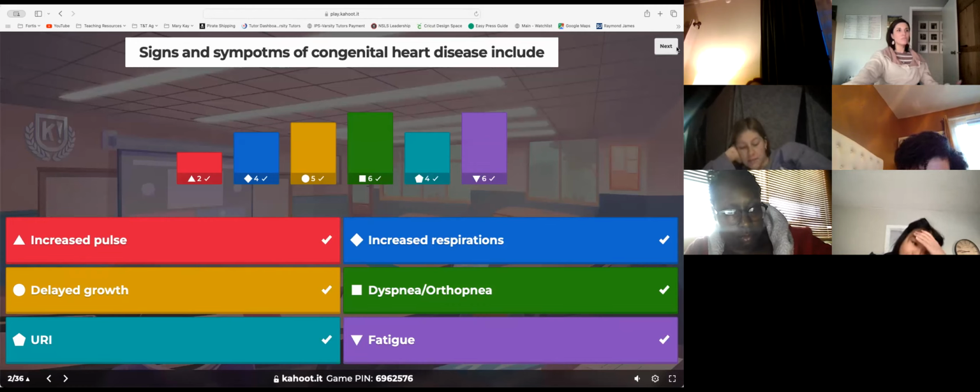They're going to be at increased risk of upper respiratory infections, have that tachypnea, dyspnea and orthopnea, and fatigue. So all of them are signs of congenital heart disease.